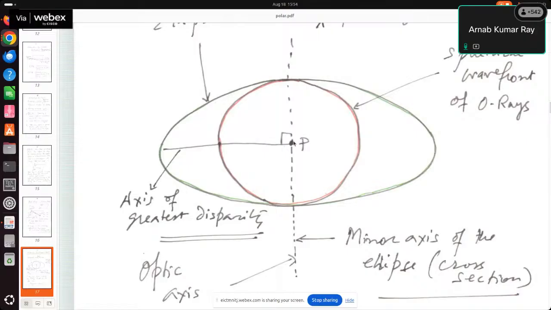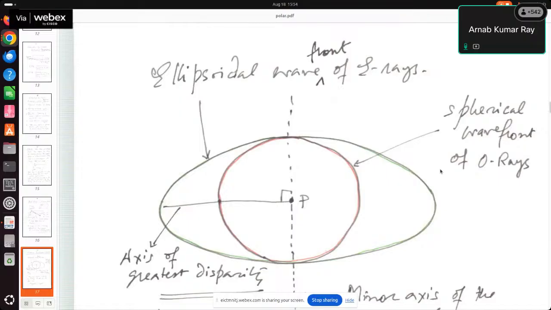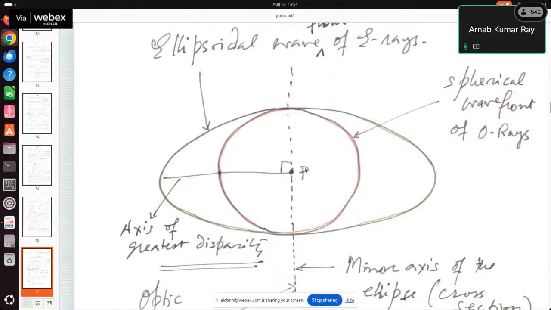So starting at a particular point in time, the wave front of the ordinary rays will be circular, this red circle, or spherical when projected in 3 dimensions. It will have a spherical wavefront of the ordinary rays. But the extraordinary rays will show this strange behavior, that along one direction it will travel faster than the ordinary rays, let us say along the horizontal direction, as has been drawn over here, the major axis of the ellipse actually.